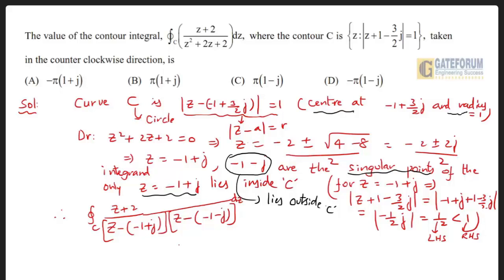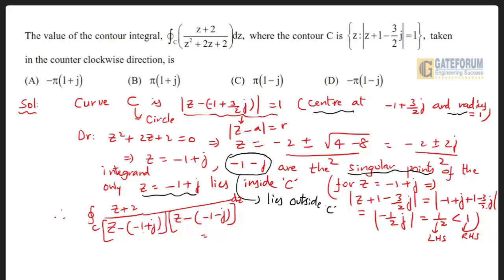So generally, to write this integral in Cauchy integral formula notation, which factor do you keep in the denominator and which factor do you write in the numerator? How do you decide? Write the factor corresponding to a singular point inside the curve in the denominator, other factors in the numerator.